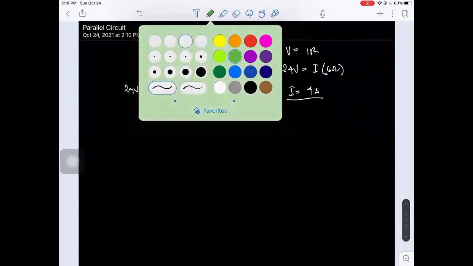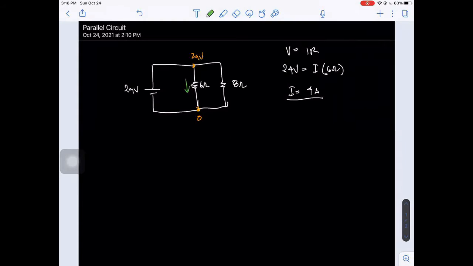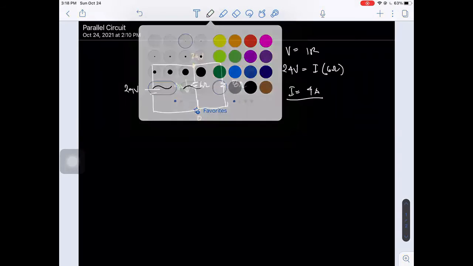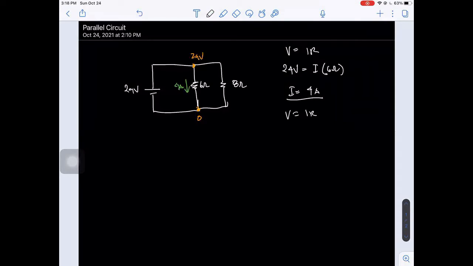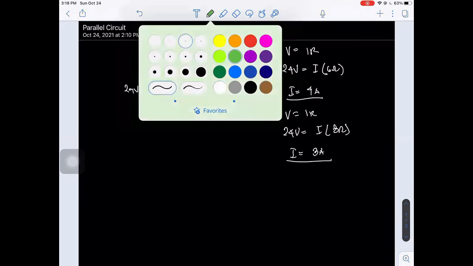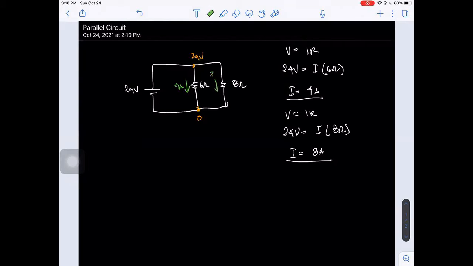So there is a current flowing through the 6 ohm resistor, which is equivalent to 4 ampere. And how about the 8 ohm resistor? We can still use V equals IR, 24 equals I multiplied by 8 ohms. So the current is 24 divided by 8, and that is 3 ampere, also flowing through the 8 ohm resistor.